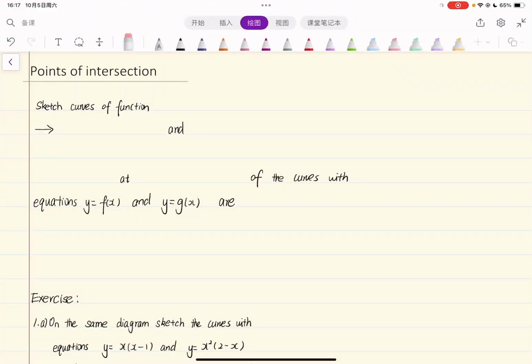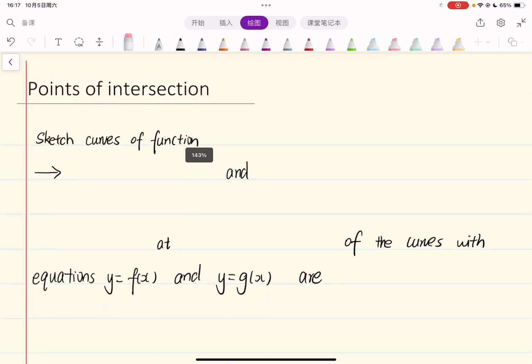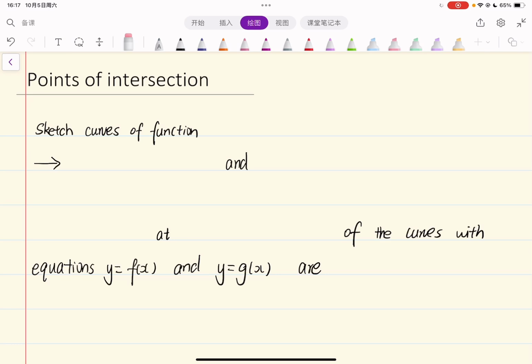Hello everyone, in this video we are going to learn about points of intersection. When you sketch curves of functions, you need to show the points of intersection and the solutions to equations. What are they?